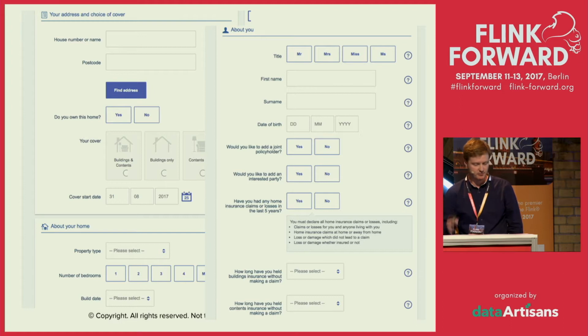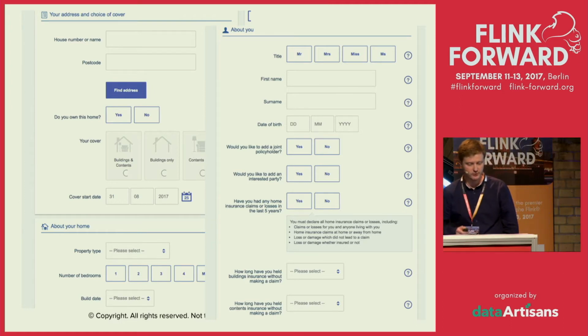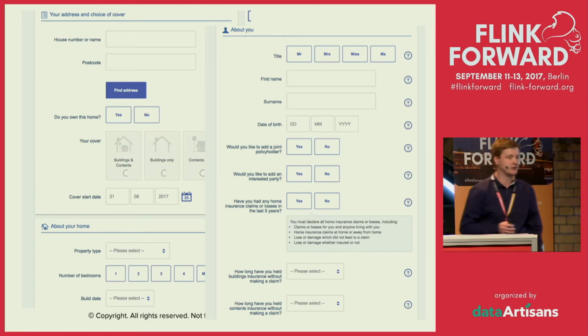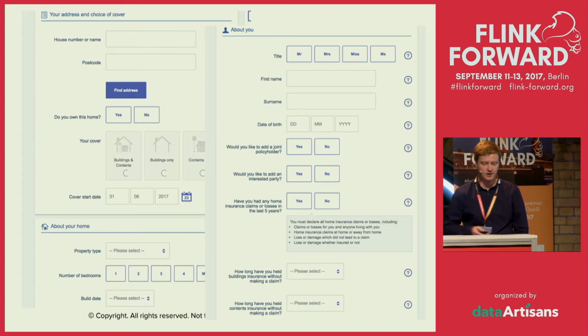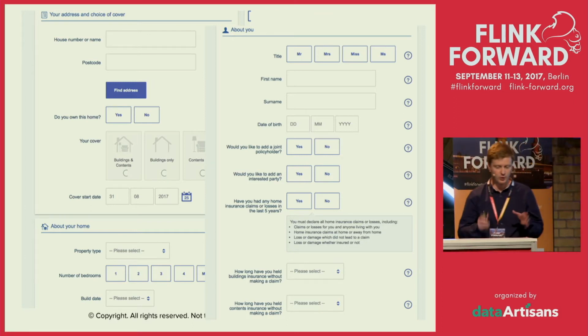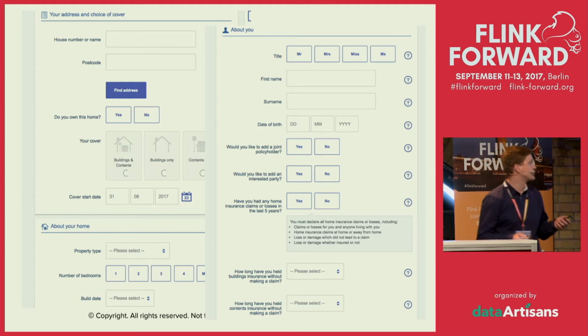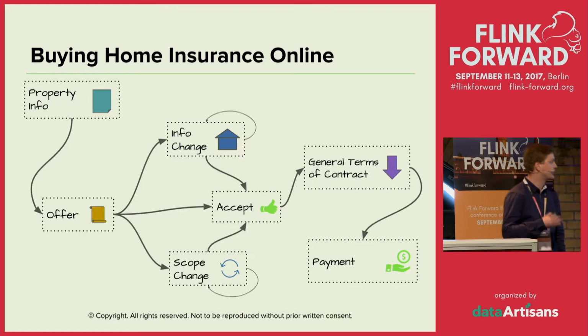I think it's best to describe on some concrete examples. So I will try to talk about analyzing clickstream in some online insurance agent. The use case is we want to buy some insurance for our property, and such a process consists of many different small decisions that should be made in some particular order.